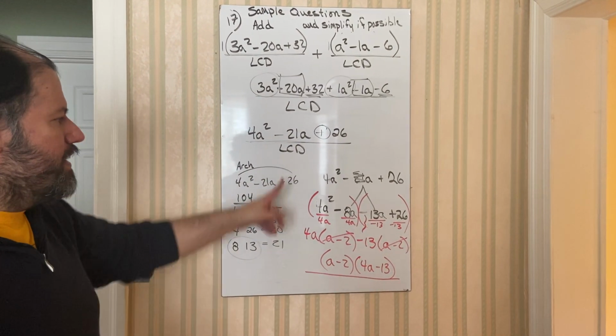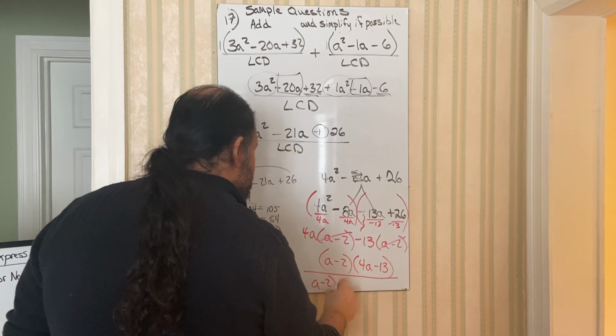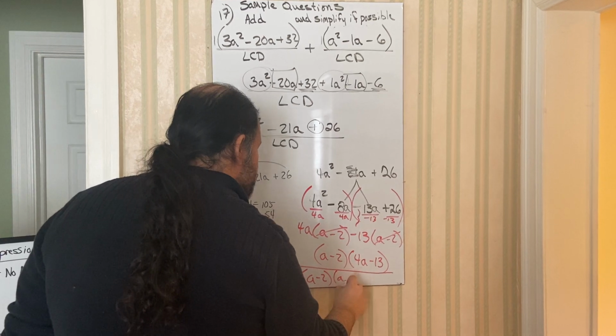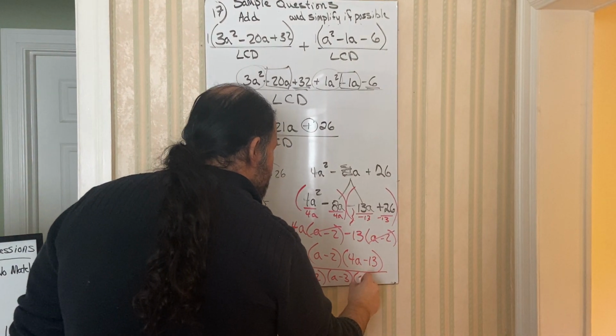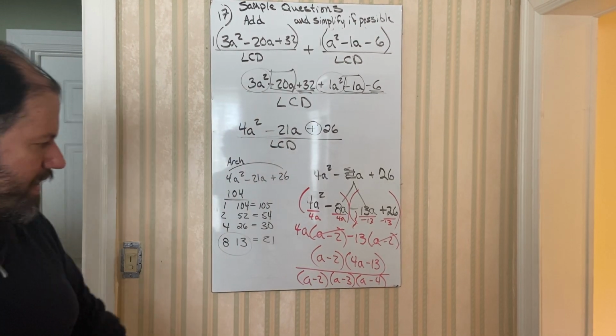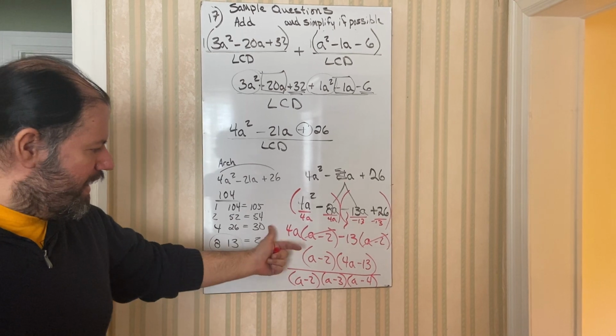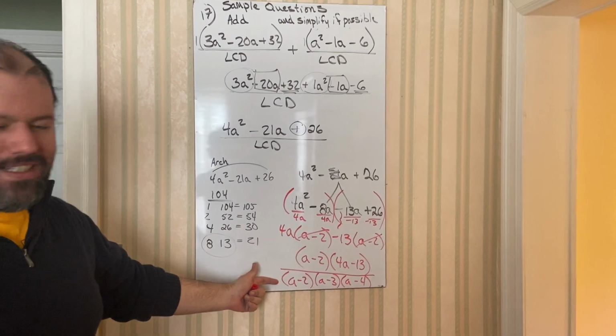Now you might have forgotten, the LCD was A minus 2, A minus 3, and A minus 4. Notice this is factored, this is factored, A minus 2 matches A minus 2.